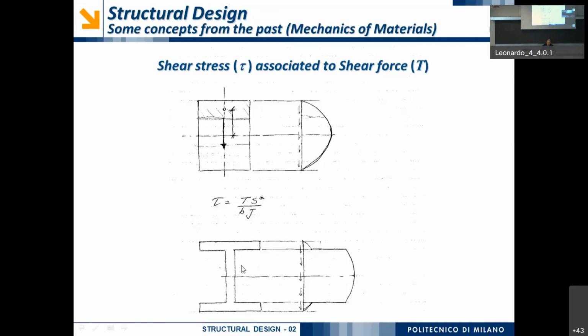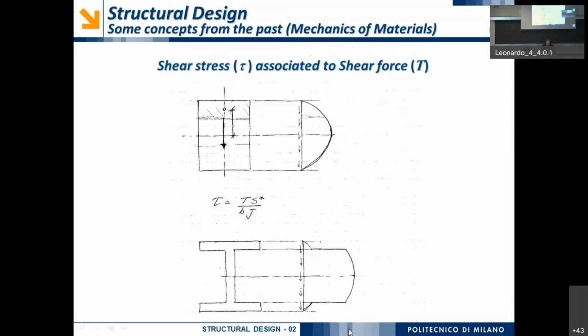When I'm going from the part above to the part below, in the part above, the width is the width of the flange. In the part below, now I have the width of the web, which is much lower.